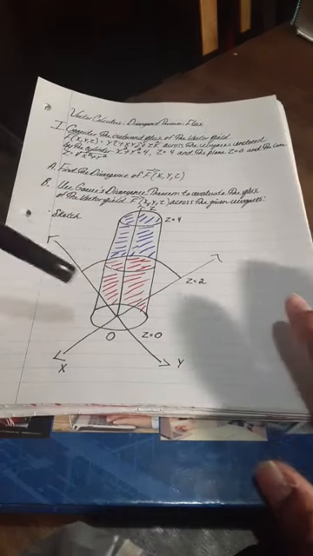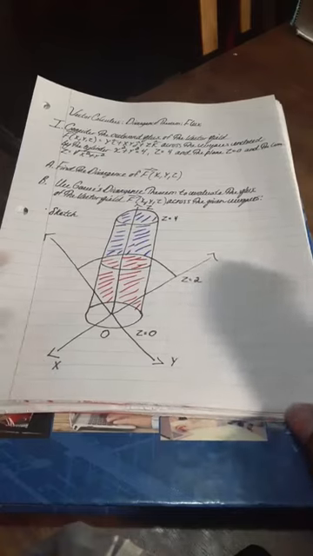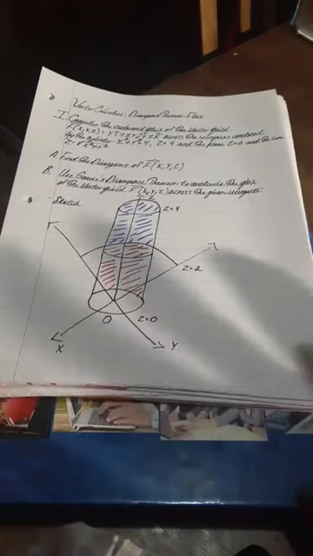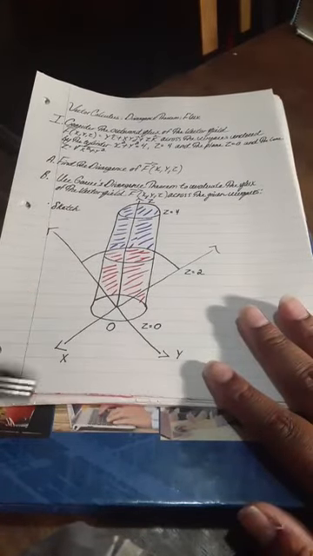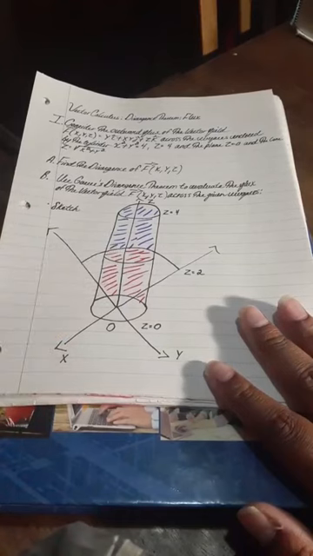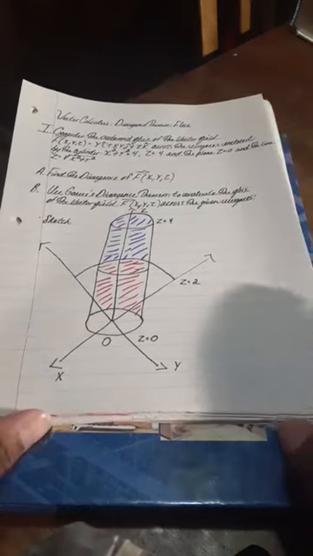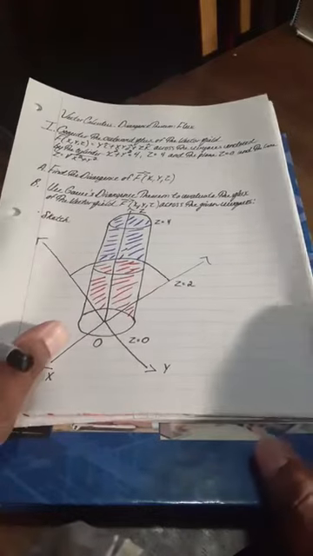I'm not that great of a sketcher, but we did need to sketch in this case. As you can see here, I have the cylinder, and I have the cone within it. We're going to use the divergence theorem after to evaluate the flux, and we're going to do all that on another sheet.